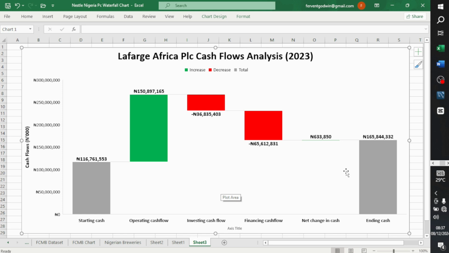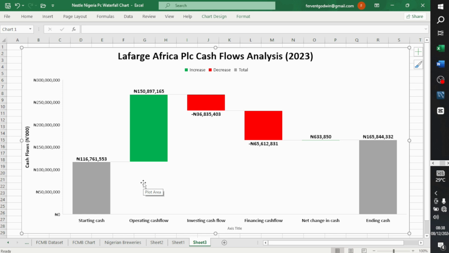For the year 2023, we see that Lafarge Africa had an operating cash flow of 150.8 billion. This operating cash flow basically covers the operations, the money they made from selling their product. We know that Lafarge Africa is a product-based company, and they sell cement.